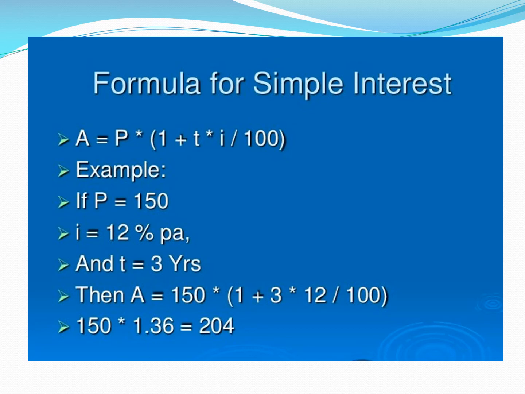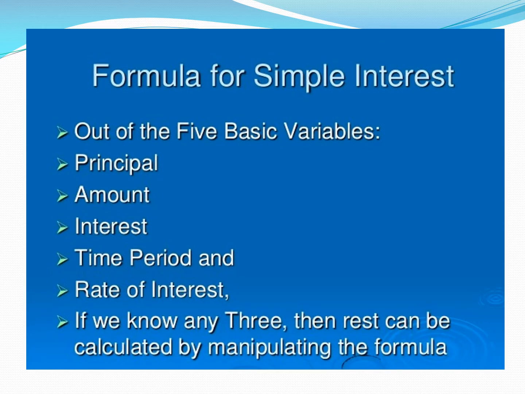Therefore, 150 into 1.36 equal to 204 rupees. Out of the 5 basic variables: principal, amount, interest, time period, and rate of interest, if you know any 3, then the rest can be calculated by manipulating the formula.